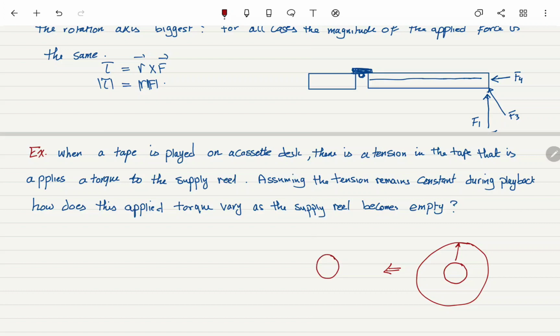In this case the distance R is decreased. Assuming that the tension remains constant during playback, the only thing that changes is the radius of the supply reel, which means the torque will decrease.